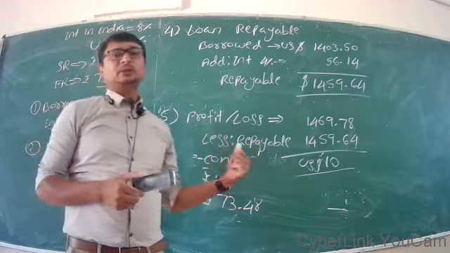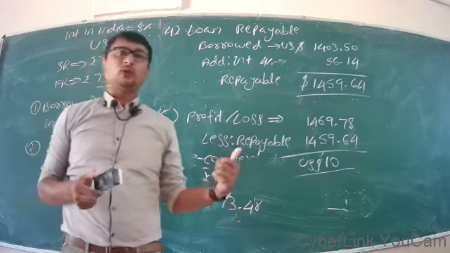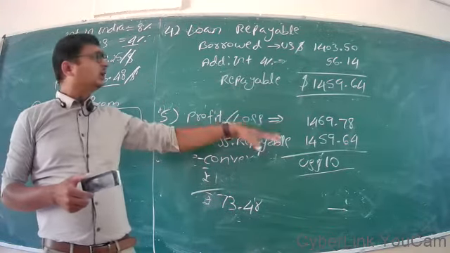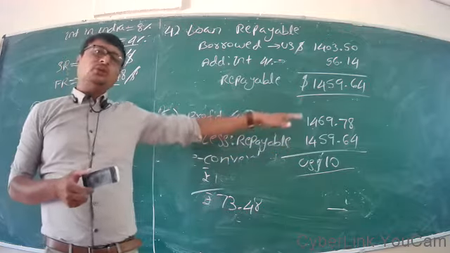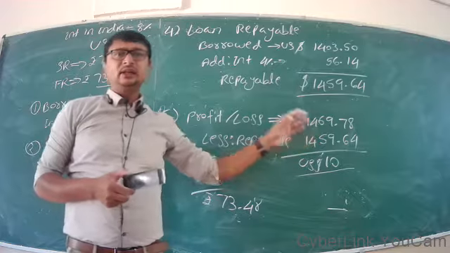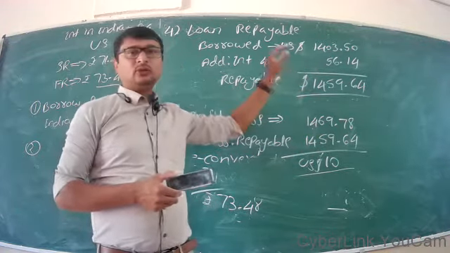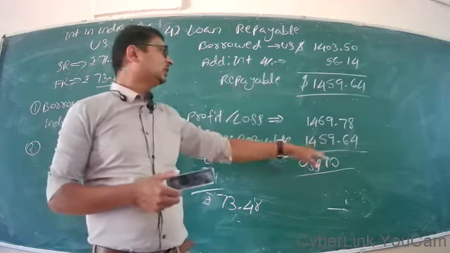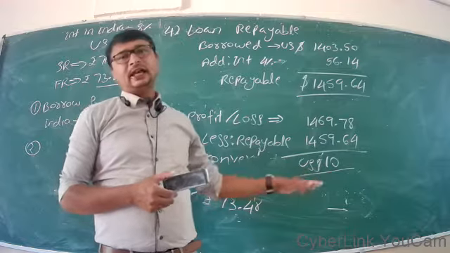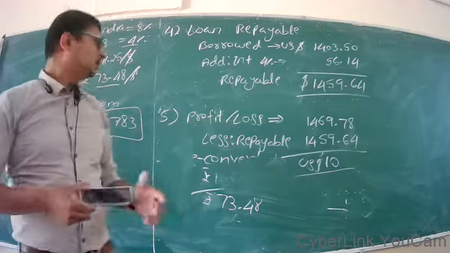Since you are a US citizen, you repay your loan in US dollar because you have borrowed from Citibank US. So you reconvert it to dollar, that becomes 1469.78. With this amount you pay your borrowed loan along with the interest, which is 1459.64. Now your profit on all these activities is merely $10.